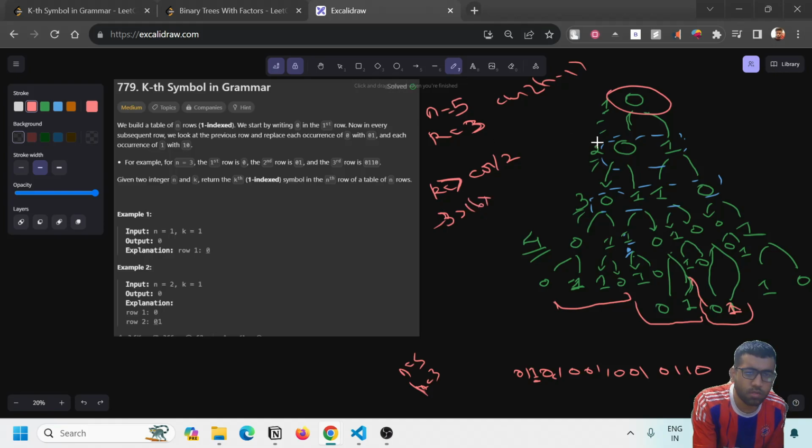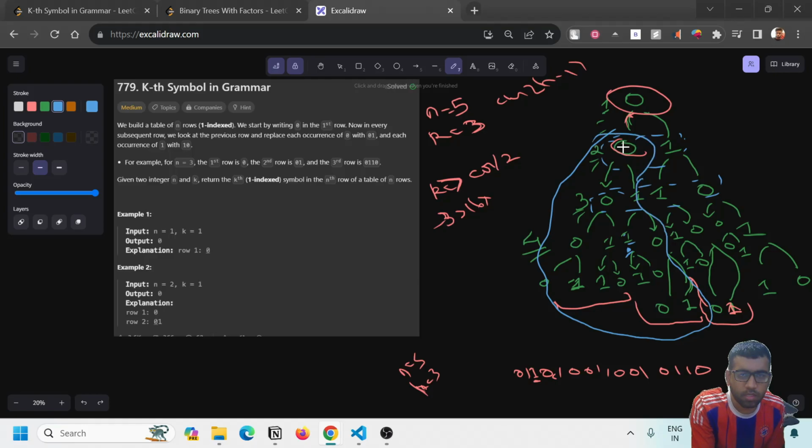So we will not go to the right side, we go to the left side, and if this is 0 already there, we'll just add a 0. So now this is the subtree that we are at right now. From here we'll check if k is greater than cur by 2, and cur by 2 is 2 to the power 3, 8 upon 2.